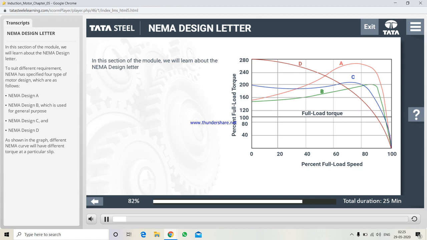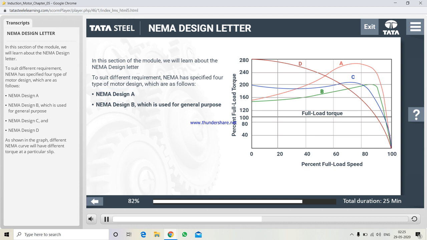In this section of the module, we will learn about the NEMA design letter. To suit different requirements, NEMA has specified 4 types of motor design, which are as follows. NEMA Design A, NEMA Design B, which is used for general purpose, NEMA Design C, and NEMA Design D. As shown in the graph, different NEMA curves will have different torque at a particular slip.